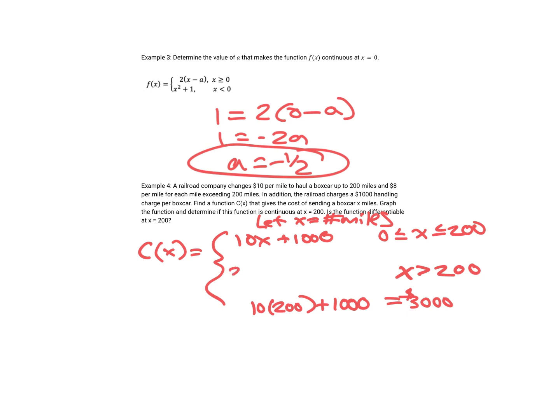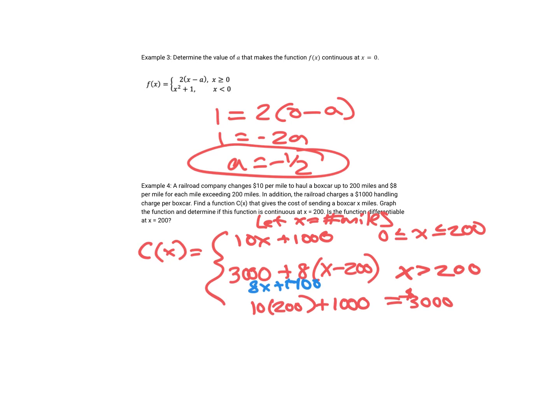So it's going to be 3,000 plus 8 times x minus 200. I want to subtract because only for the values greater than 200 am I able to spend $8 per mile. I've already taken care of the 200 miles with the 3,000. And if you want to simplify this piece, it's 8x plus 1,400.